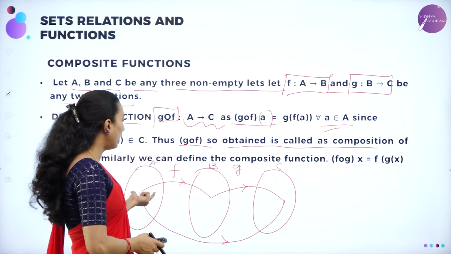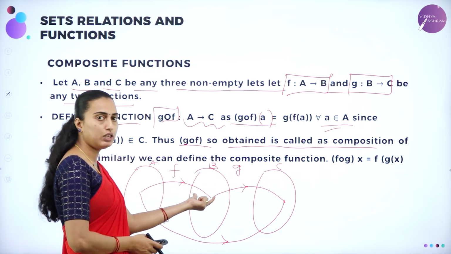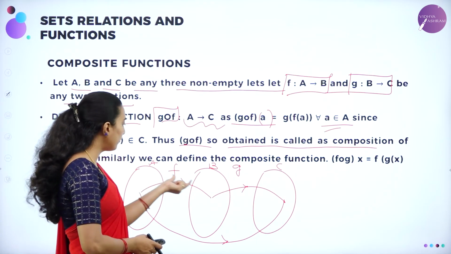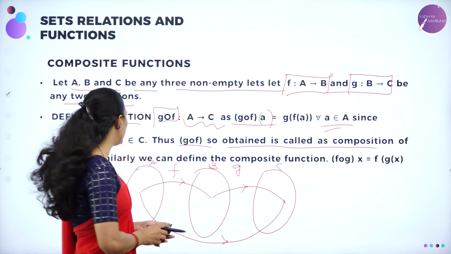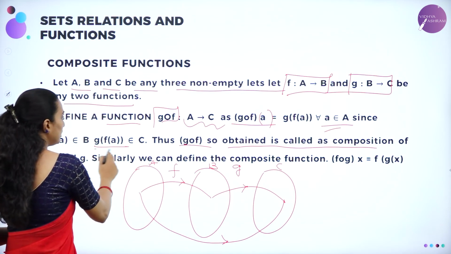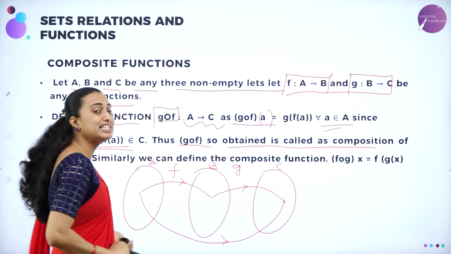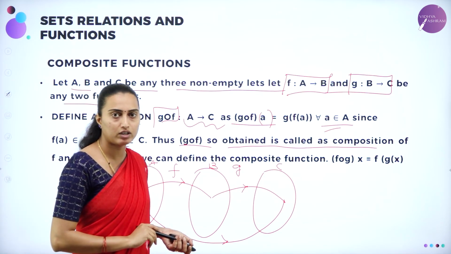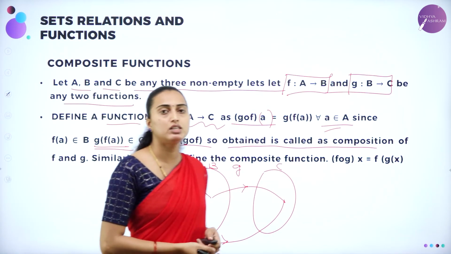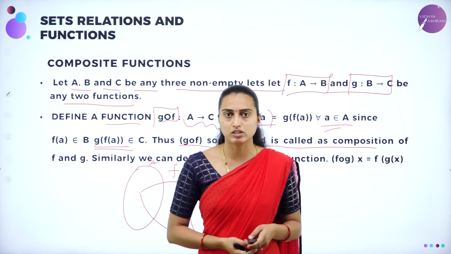Suppose I call this one f of a is equal to b, we are going to call it f of g of a, which is nothing but the c. That's what I have taken here: g of f of a is going to be known as the C function. So this is going to be known as the composite function. Understood?